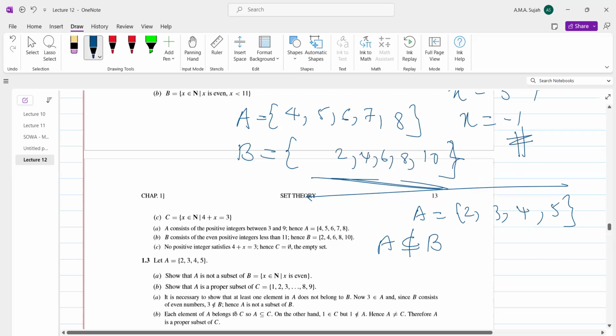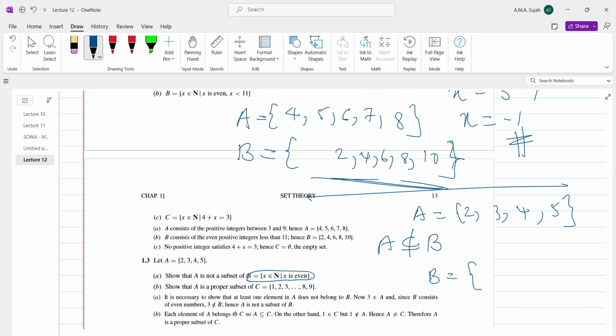For that, first we need to find out B. So they are explaining B, and from this explanation you need to find out what B is. B is a set of x, where x is a natural number, positive integer, such that x is even.